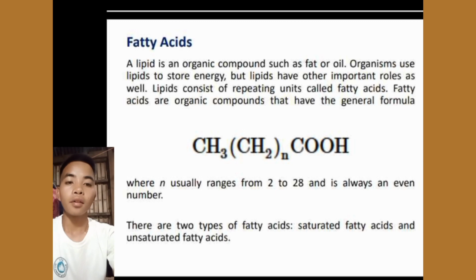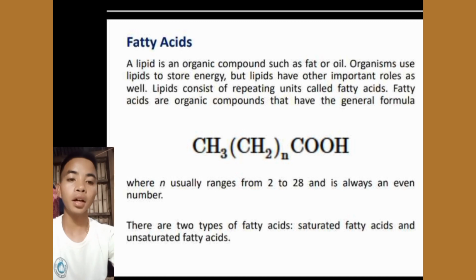Okay, so fatty acids are molecules made up of long hydrocarbon chains with a carboxylic acid group at one end. They are important components of lipids and play crucial roles in energy storage, cell membrane structure, and signaling pathways in the body.